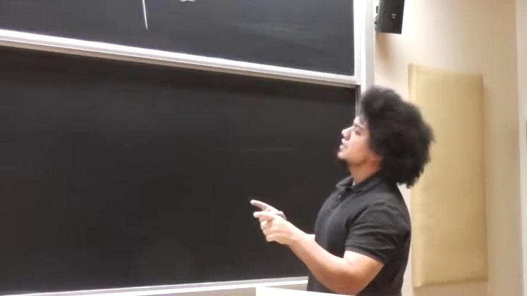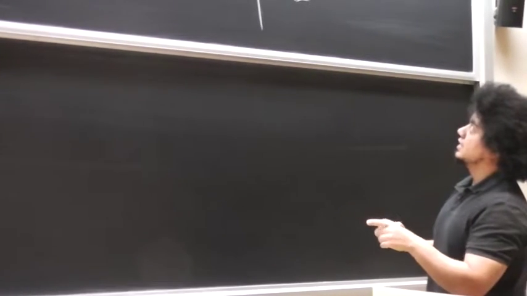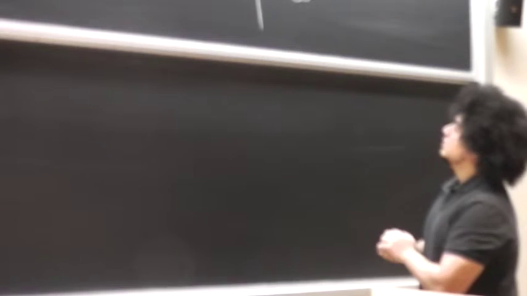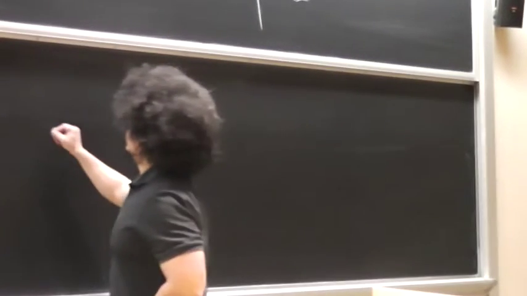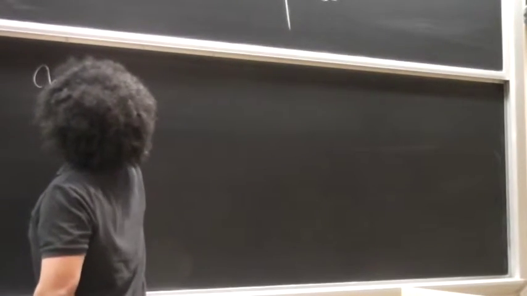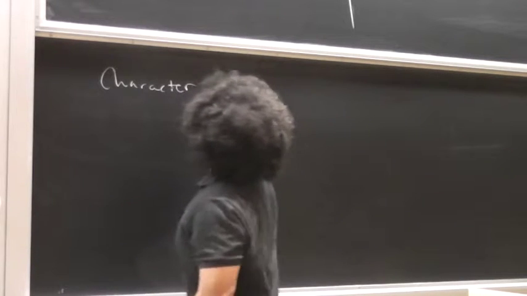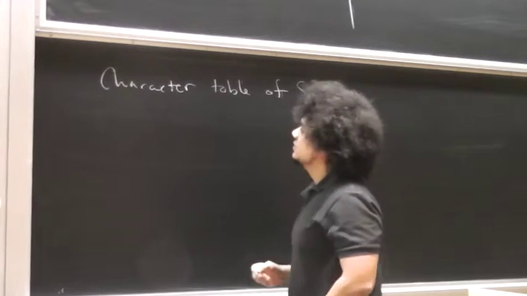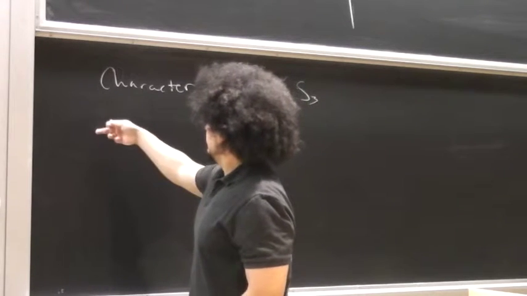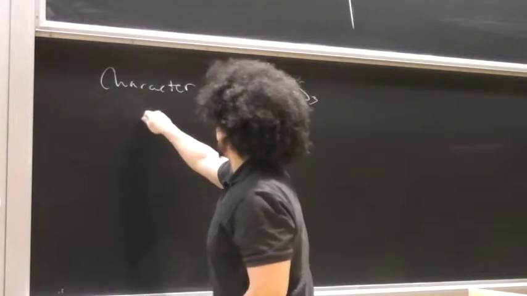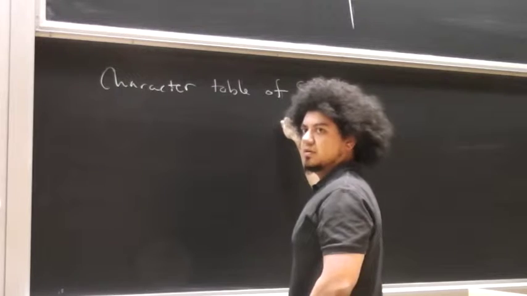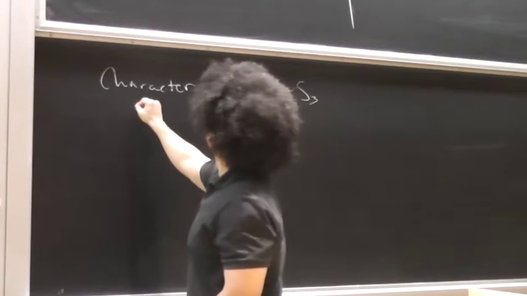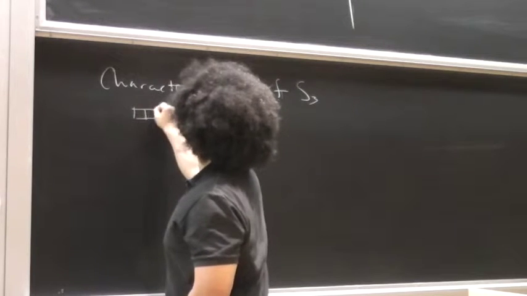All right, now I still haven't given you the character table of S3, so we'll do that now. So I'll draw that here. Character table of S3. And so the irreducible representations, I'll write them up here. The corresponding partitions, I'll write up here. So let's start this way.